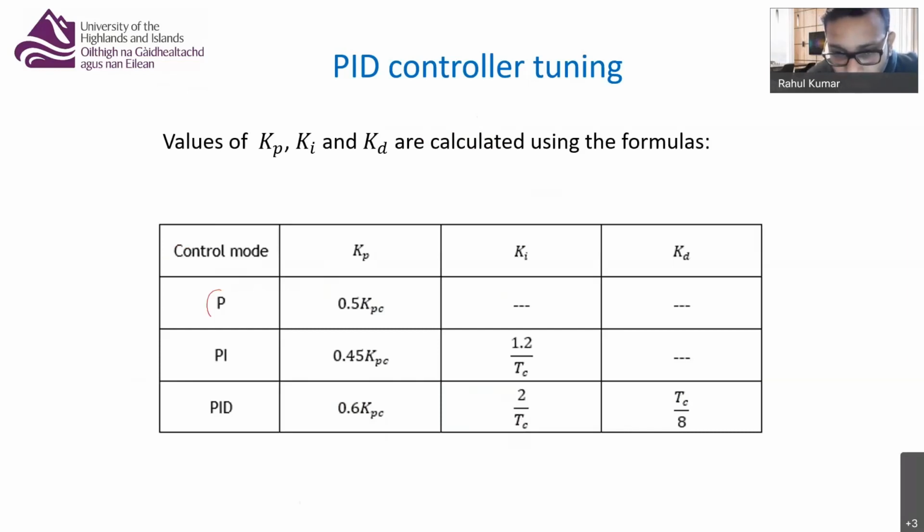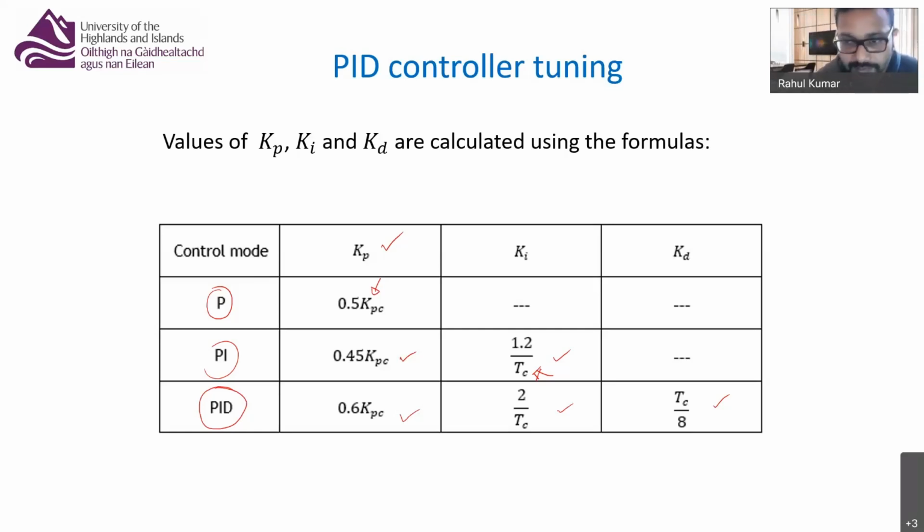So again, if you have a proportional controller, you would only need to adjust the value of Kp. If you have PI controller, you would have to adjust Kp and Ki, which can be calculated by the equations here. All these equations depend on the value of Kpc and Tc, the time period, which we have already identified from the graph. And lastly, if you are using all three, that is proportional, integral and derivative, that is PID controller, you have to tune all the three values, Kp, Ki and Kd.